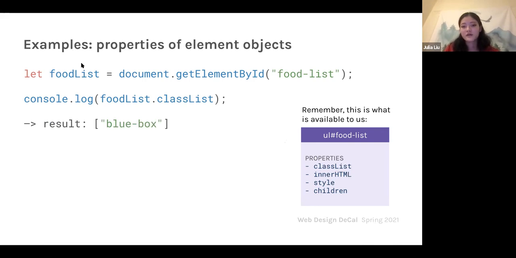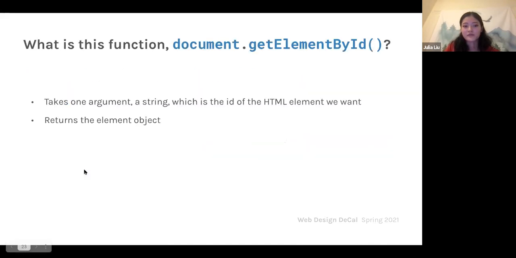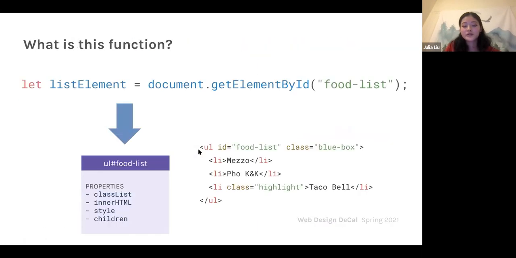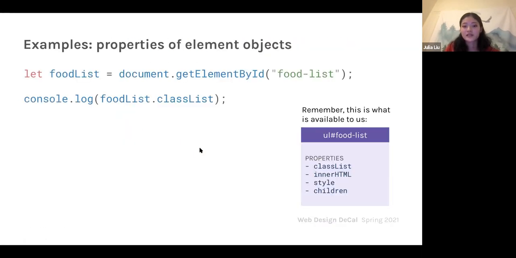From the HTML that we had before, we have a class equals blue-box attribute on this UL element. So when we use dot notation to get classList, it returns the array with the string "blue-box". That means the food-list element has the class blue-box. And if you have multiple classes on the food-list, it will return multiple string values in this array.